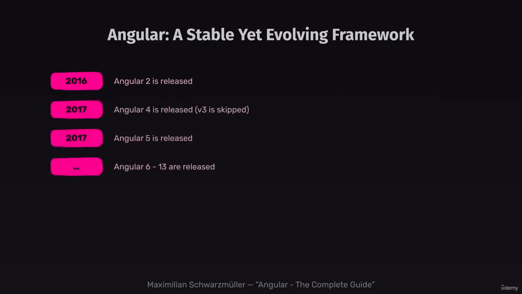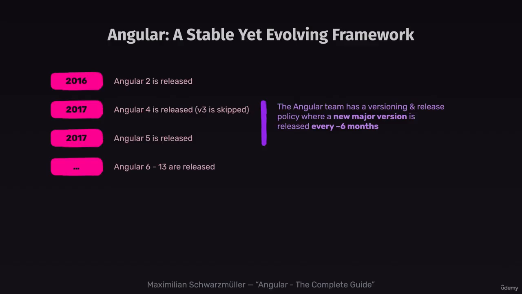But since then, there have been new versions of Angular coming out every year, or actually 2 new major versions every year, because the Angular team adopted a release strategy where they try to release a new major version every 6 months. But, and that's really important, this does not mean that Angular changes every 6 months and that what you learned is obsolete after 6 months.